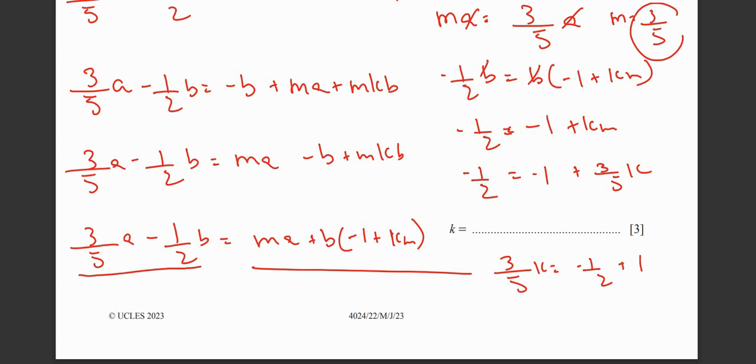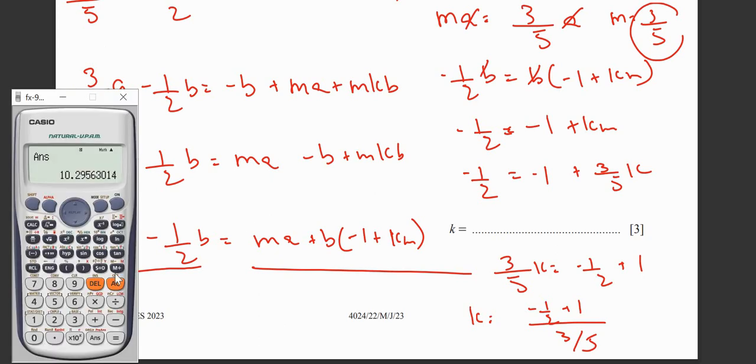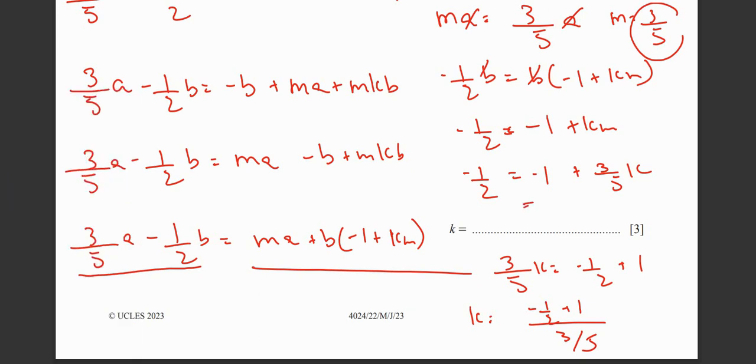And K is equal to negative 1 upon 2 plus 1 divided by 3 upon 5, because I shifted 3 upon 5 over there. So if you put it in the calculator, negative 1 divided by 2 plus 1, divided by 3 upon 5, it's 5 upon 6. So the value of K is 5 upon 6.